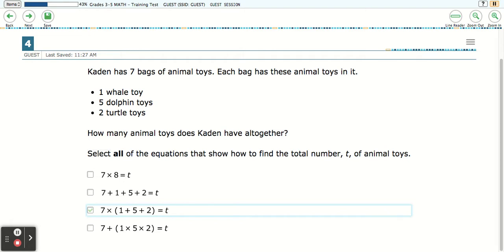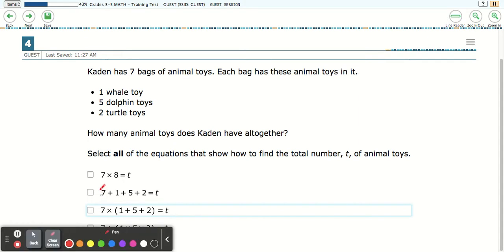So how would we find out how many animal toys Caden has? Well, we would just add all of our numbers, right? We'd add 1 plus 5 plus 2. So does 7 times 8 make sense? Absolutely not. That doesn't even make any sense. We're adding here. 7.